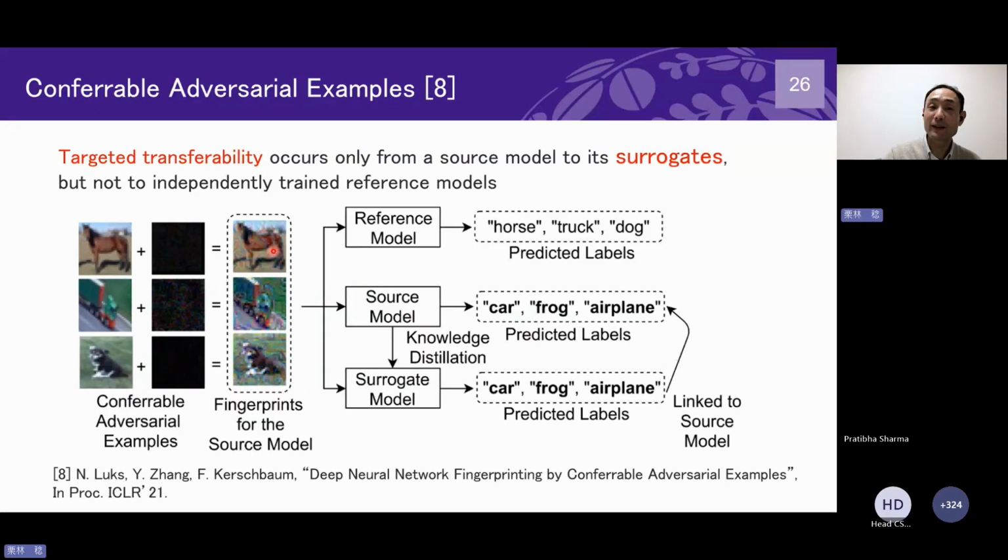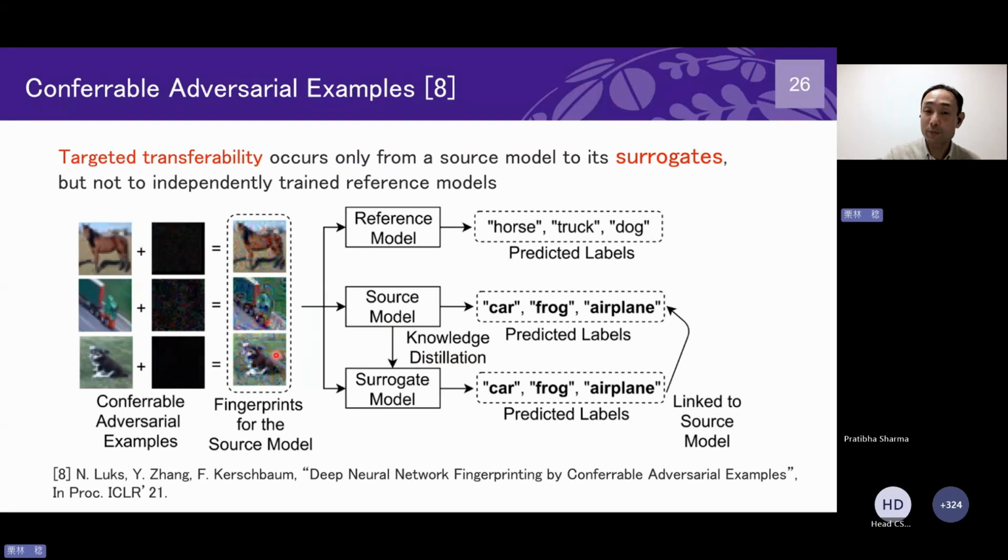So this image looks like a horse, but it is misclassified as a car. This original image is a truck, but it's misclassified as a frog. And this looks like a dog, but it is classified as an airplane.